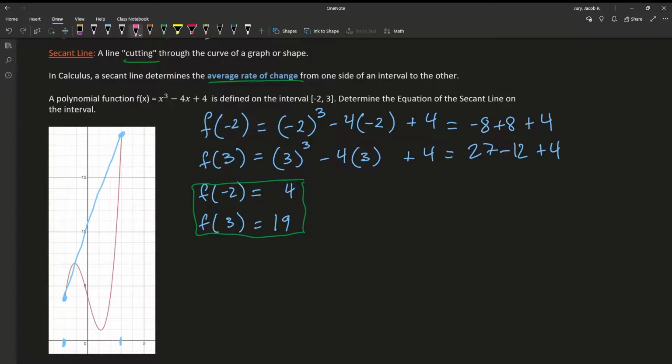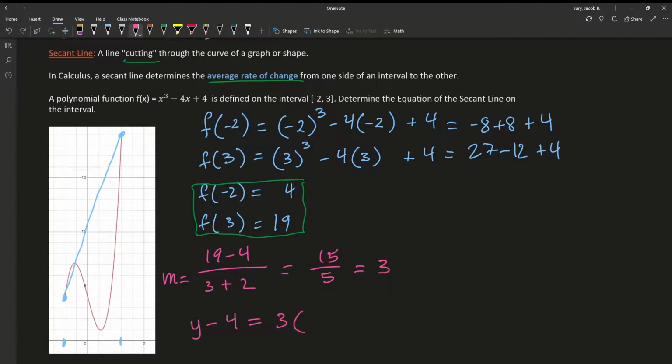So let me do that real quick. We have our slope and the equation of our line.